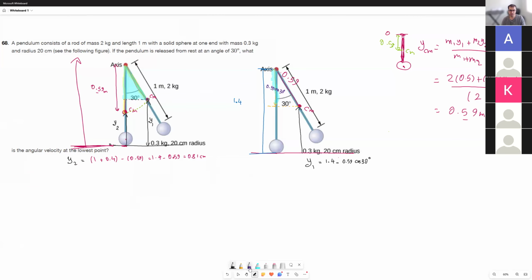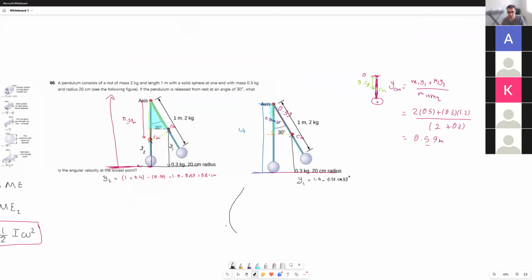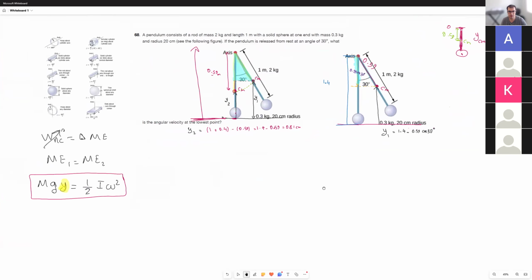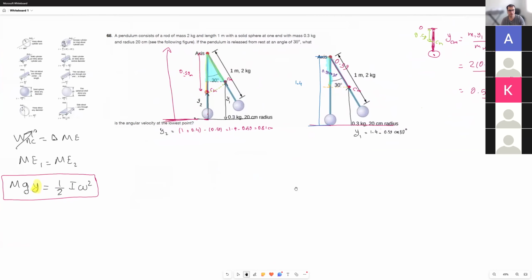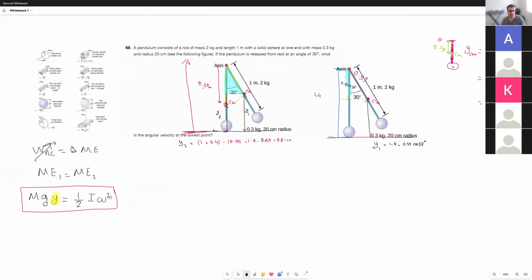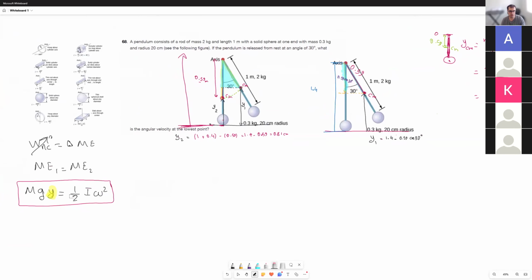Where did I write the conservation of mechanical energy? Let me start from here. Mechanical energy 1 is kinetic energy 1 plus potential energy 1 equals kinetic energy 2 plus potential energy 2.